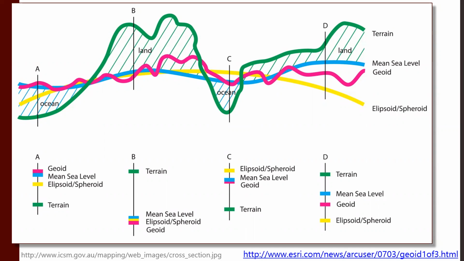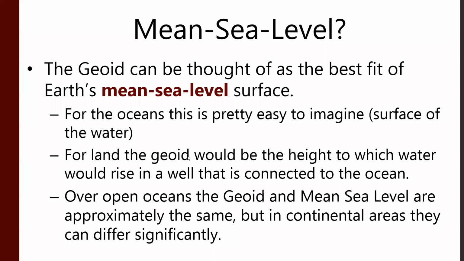The ocean, or mean sea level, is roughly the same as our mean geoid surface. Not always, but roughly. Mean sea level, what does that mean? Well, another way of thinking about our geoid is to think about it as a best fit for our Earth's mean sea level surface.